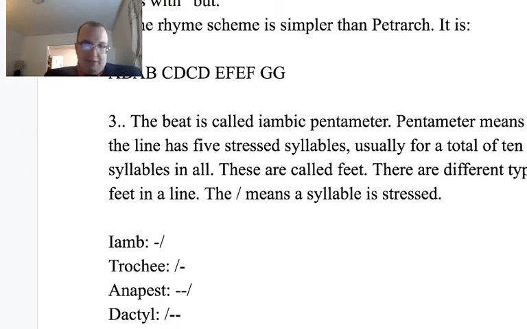Then the third stanza, starting the sestet, we have an E sound, F sound, E sound, F sound. And then the last 2 lines are a couplet. These are exact rhymes after each other, and that's a G sound.